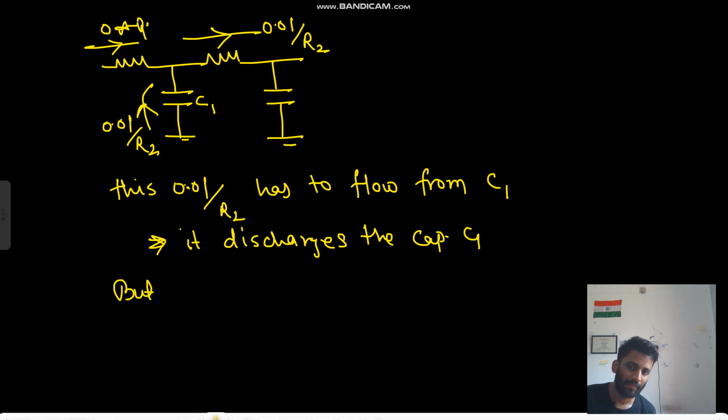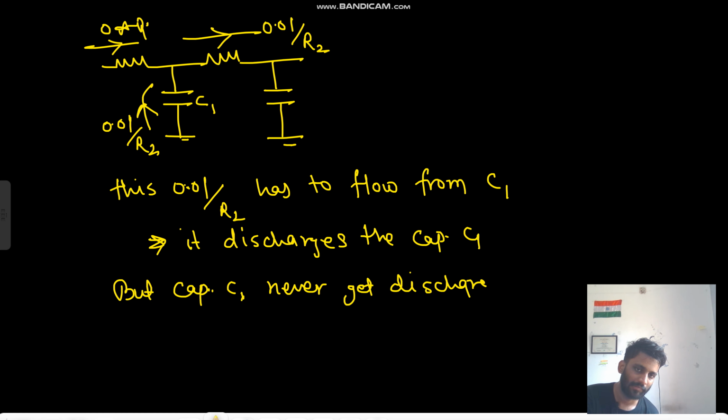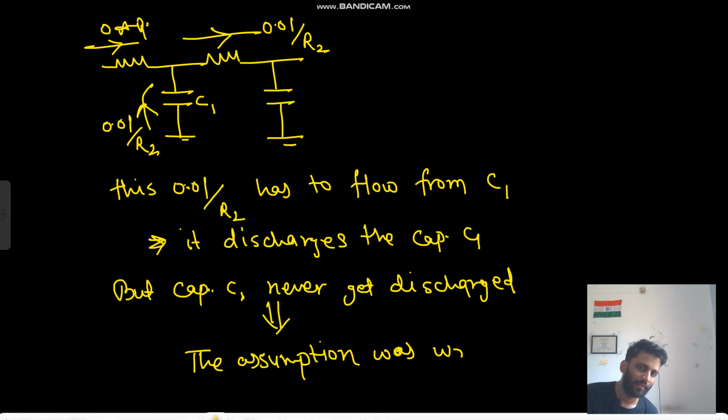But capacitor C1 never gets discharged. That means the assumption was wrong. So the capacitor will never discharge, right?